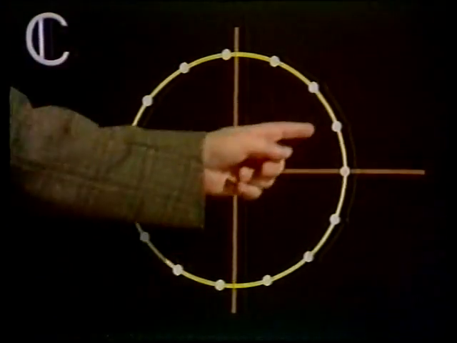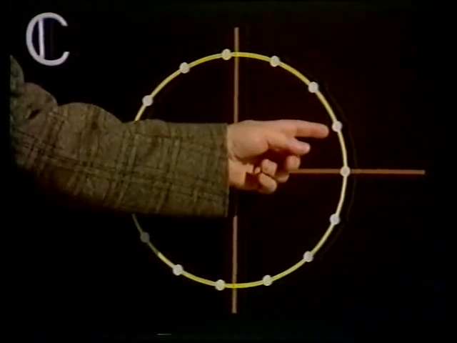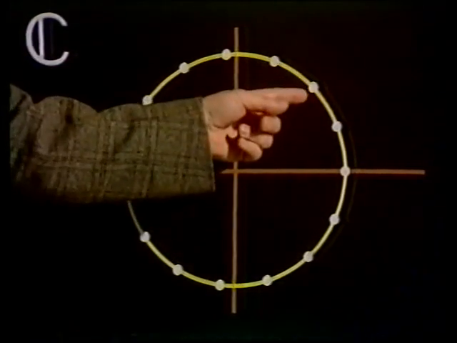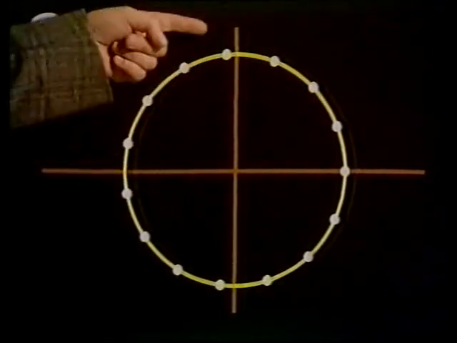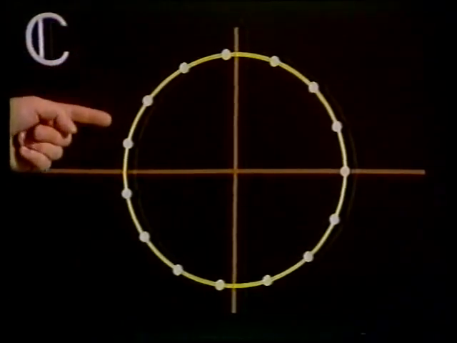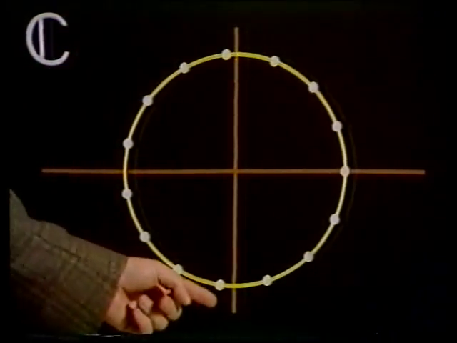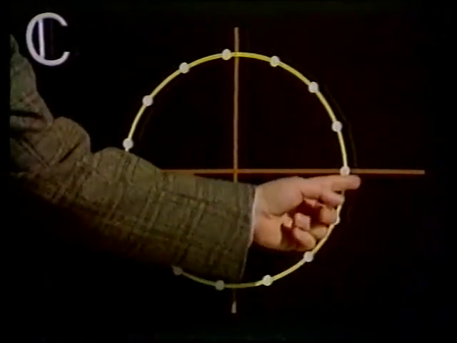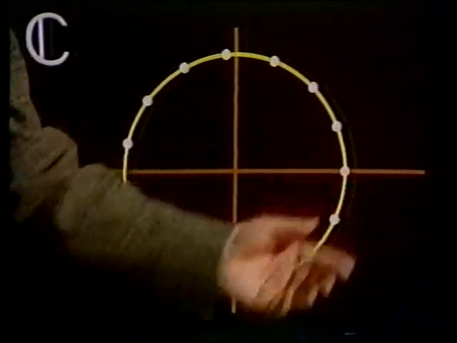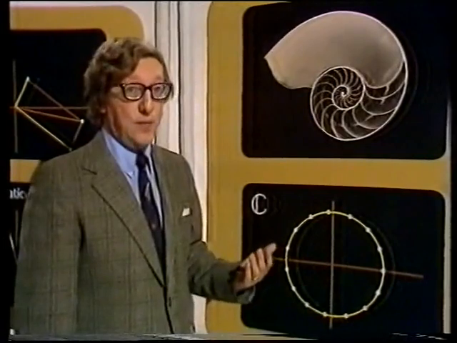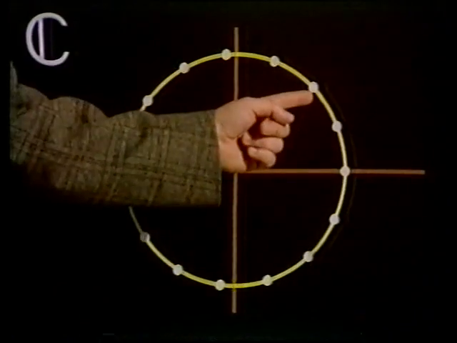Now, what do we learn from that? Well, if this is the complex number b, by successive multiplication by itself, I get b squared, b cubed, and so on, stepping round the circle until b to the 15 is equal to 1. So b is a complex number, which when I raise it to the 15th power, I get 1. It satisfies the equation x to the 15 minus 1 equals 0. But from what we've already said, you'd guess there must be 14 others. Where are they? Well, let's look at b squared.